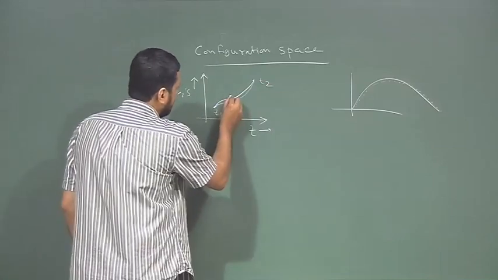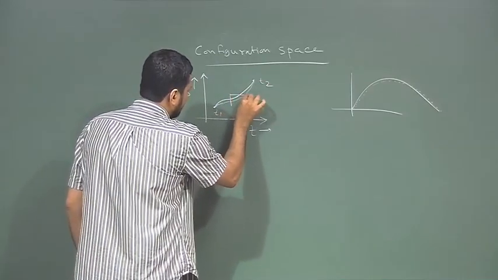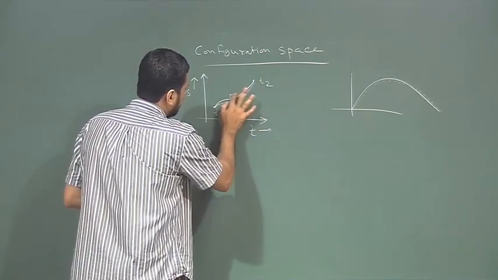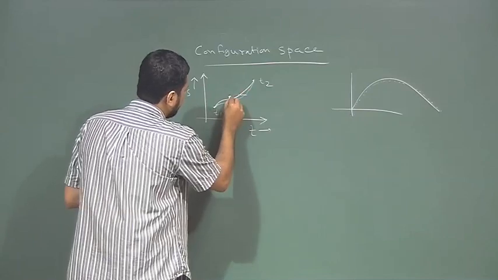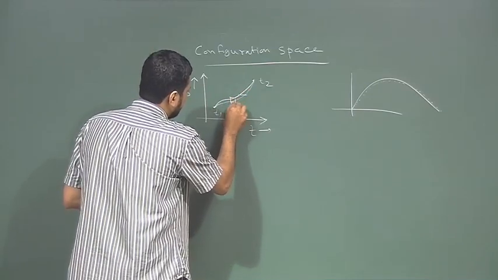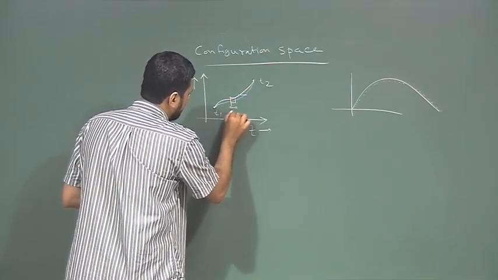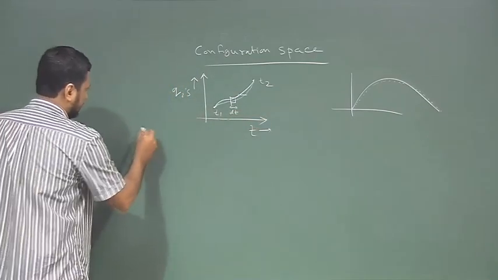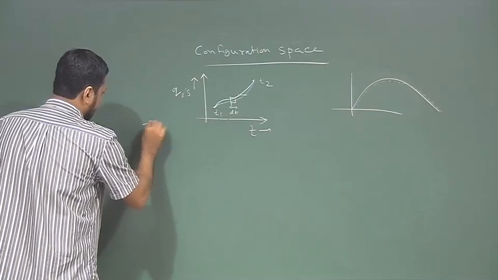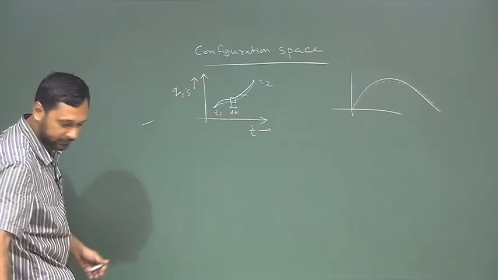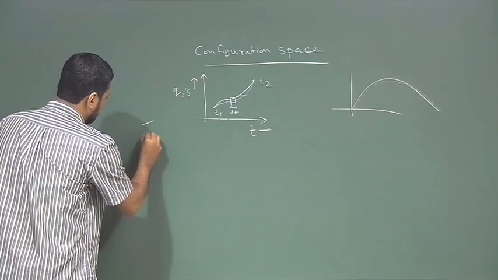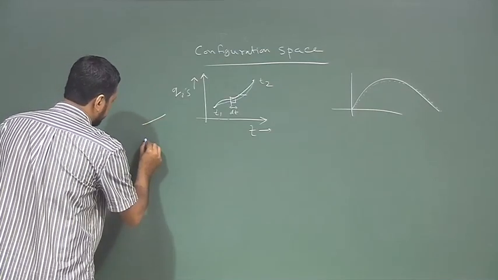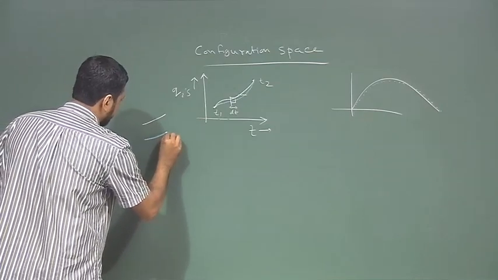Now, if I zoom in on this particular segment which took place over a time interval dt, and try to draw it once again, what do I see? This is one segment and this is the other, and I will just elongate a bit, something like this.